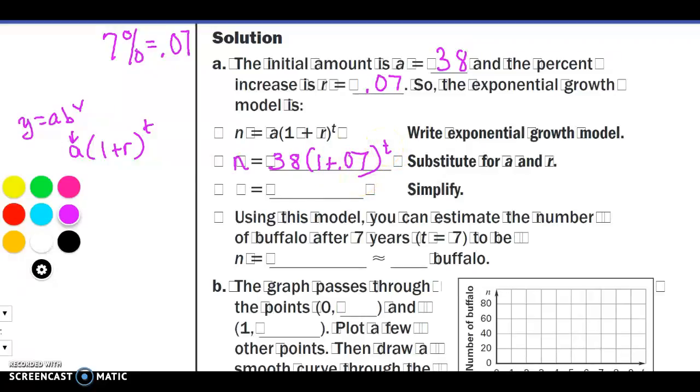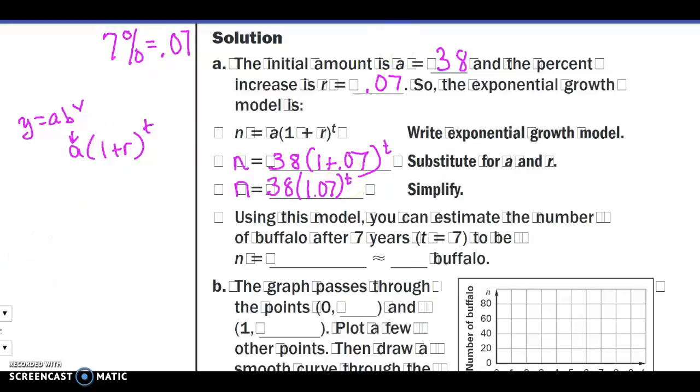And you notice we're using n for number of buffaloes instead of our usual y. We're using t as a substitute for x because this is over time. So when we simplify, we're going to add together the 1 plus 0.07 to get 1.07 to the t power.